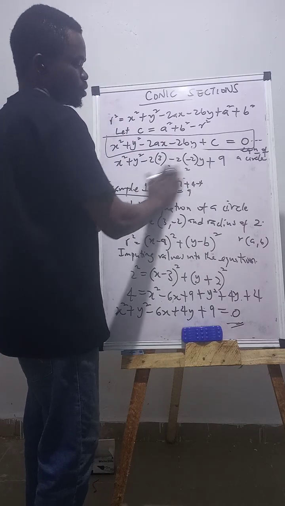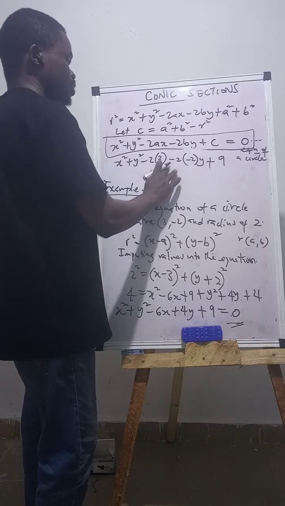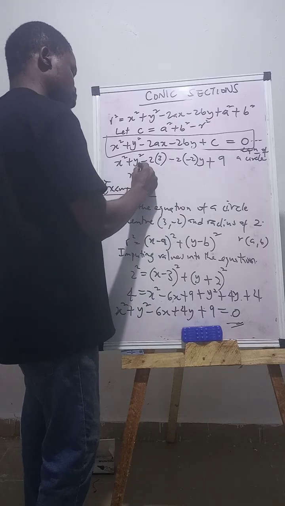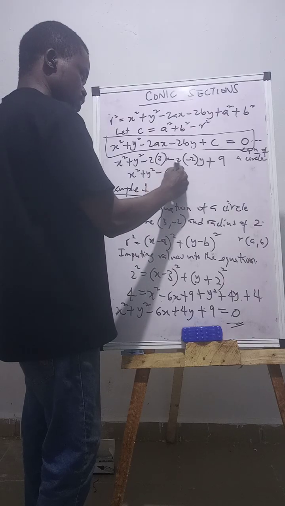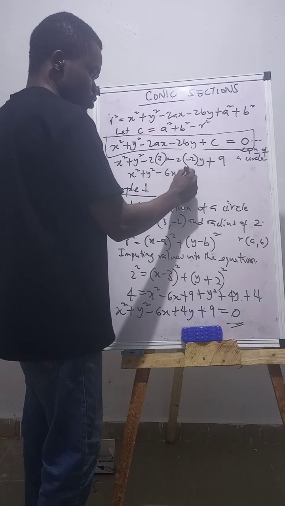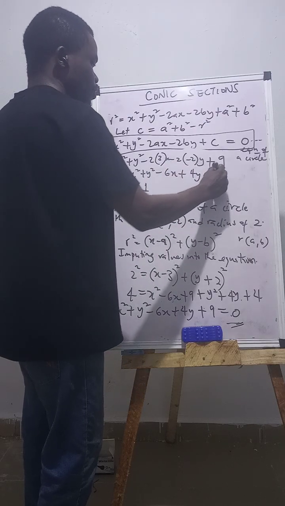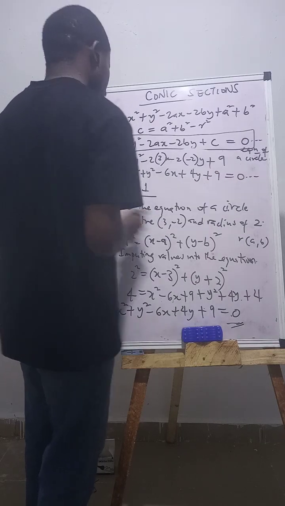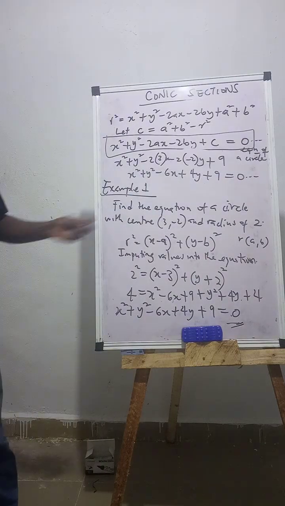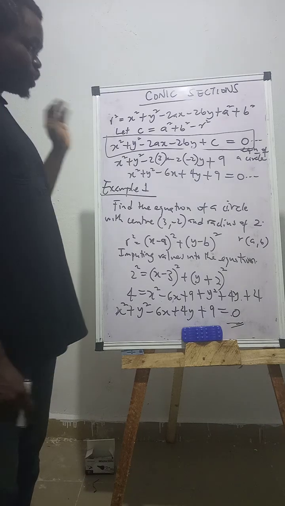Based on this solving, are we getting back what we got? x squared plus y squared, this is now minus 6x, minus minus is plus 4y, plus 9 equals 0. See, we're back to the same thing. It is as simple as that.